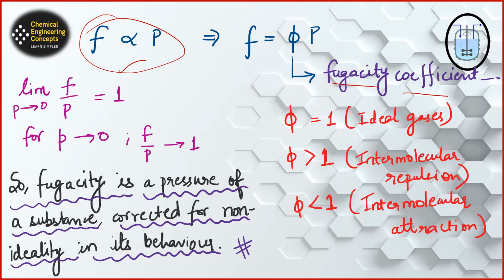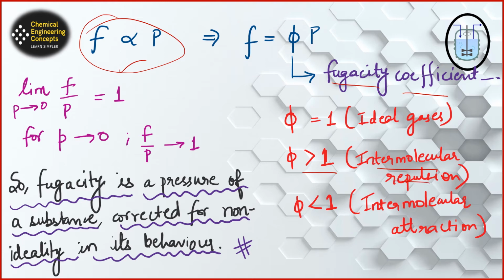Guys, this proportionality constant is the fugacity coefficient, right? And this fugacity coefficient will be equal to 1 when we have the ideal gas. It will be greater than 1 when your fugacity is more than pressure, right? In that case we have intermolecular repulsion.